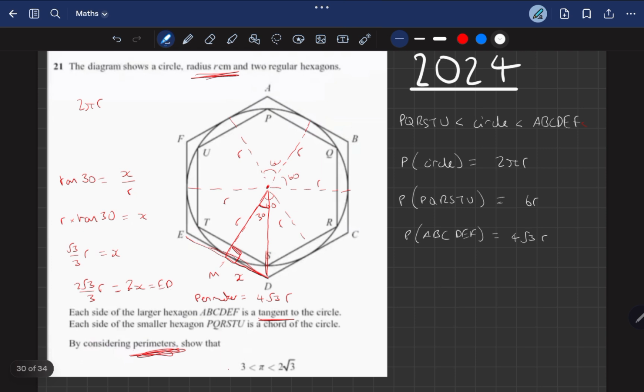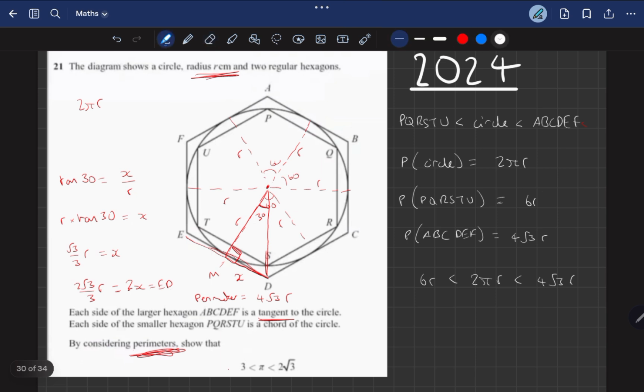Okay, now let's put these values in and form our inequality. 6r is less than 2 pi r, which is less than 4 root 3 r. Right? We've got our inequality now.